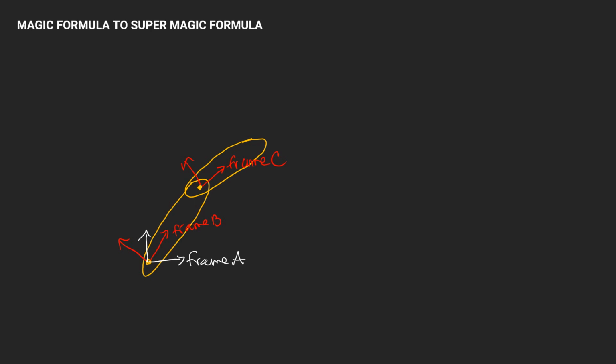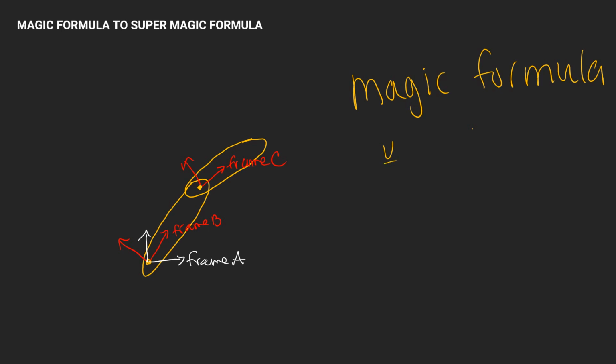To resolve this, we introduce the magic formula. And this formula says that if you have a vector that's expressed in the unit vectors of a moving frame, so for example, frame B or frame C, you can take the time derivative of that vector in frame A by calculating the following.